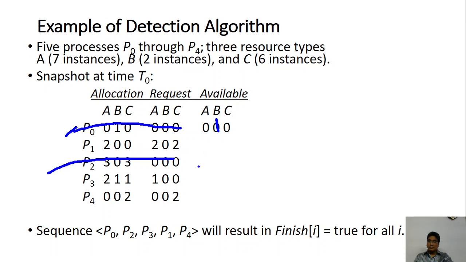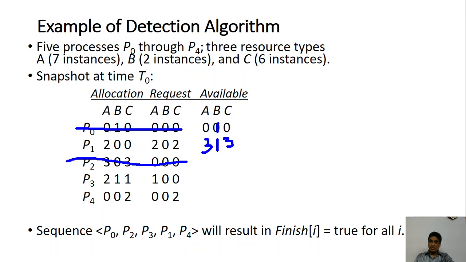Let me show it one more time. When P1 completes, it's going to return one instance of B, and it's not making any request. When P2 completes, it's going to return three instances of A, one instance already there, and three instances of this. So if P2 completes, you are in this case. Now find someone from this list whose request is less than available.